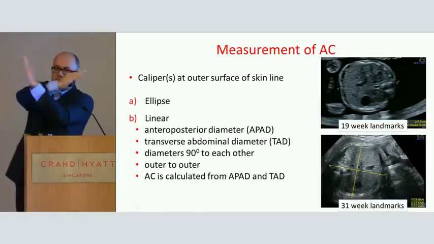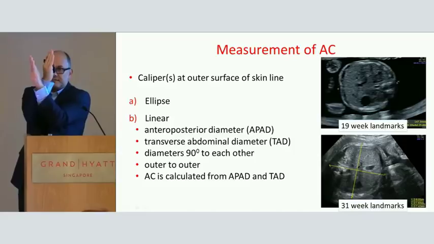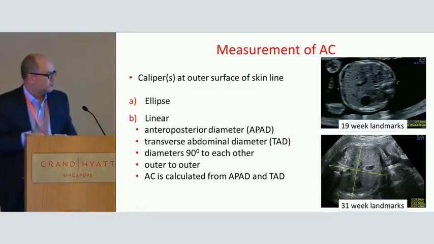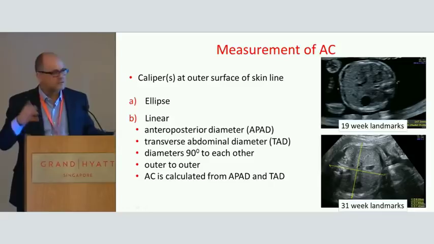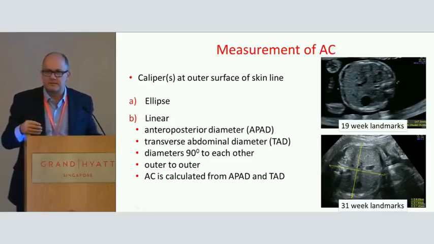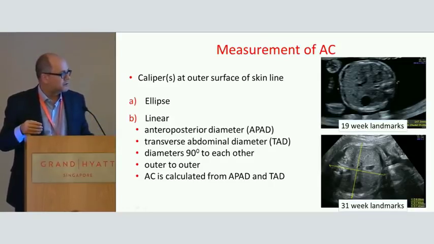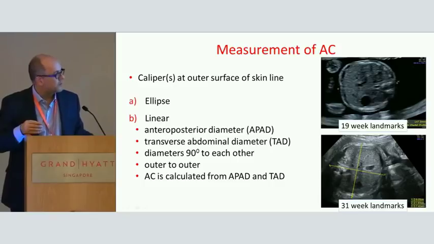Okay, so you can move like this, but they both have to move together, not like that. Yeah, at right angles. Does that make sense? Good. And then the AC is calculated from those two diameters. Roughly, because it's roughly circular, you just fit it into a perimeter of a circle formula.